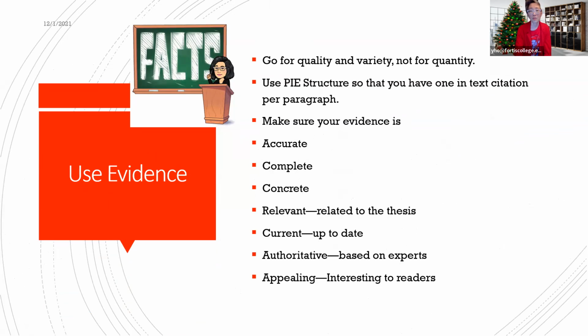That means do not overwhelm the reader with a gazillion statistics. Use PIE structure so that you have one in-text citation per paragraph. Make sure your evidence is accurate, complete, concrete, relevant, current, authoritative, in other words, based on experts, and appealing. That's interesting to readers. That means that your claim is debatable.